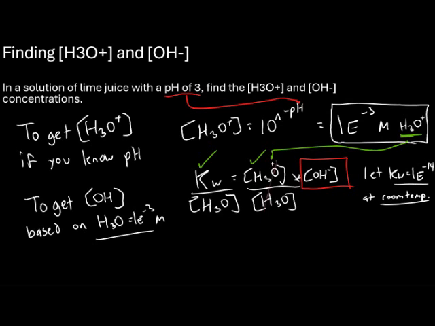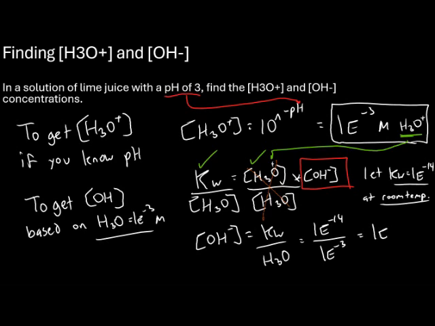The H3O's on the right side cancel out, and now our equation will be OH minus equals K water divided by H3O. Our K water was 1 times 10 to the negative 14th, and then our H3O that we found previously was 1 times 10 to the negative third. If we divide, we'll end up with an OH minus concentration of 1 times 10 to the negative 11th molarity.